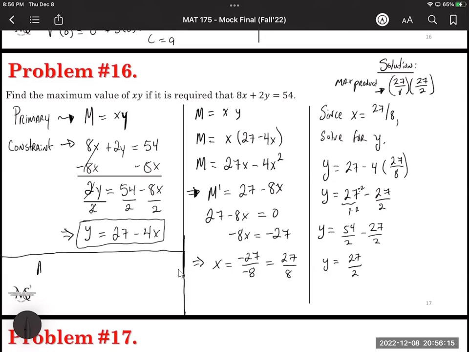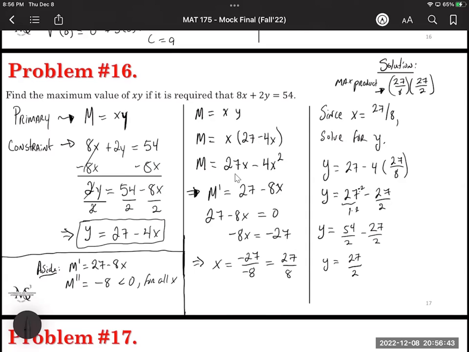So just an aside here, you see m prime, the first derivative, was 27 minus 8x. So your second derivative, m double prime, is going to be negative 8, which is less than 0 for all x. So because we found that x is 27 over 8, then that's indeed going to be a maximum.